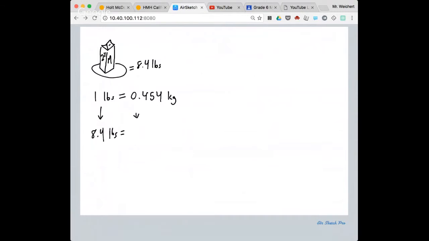How do we go from 1 pound to 8.4 pounds? I'll wait for you guys.